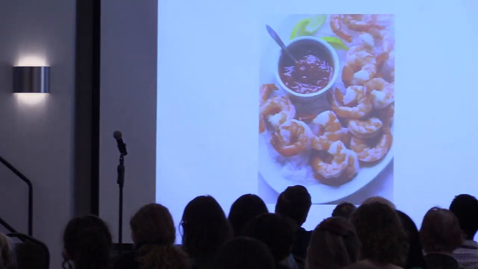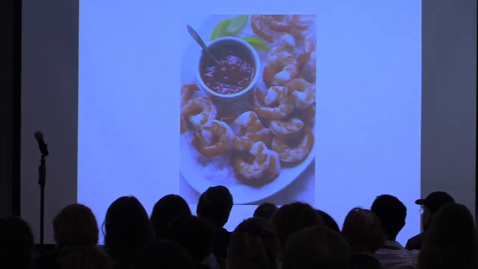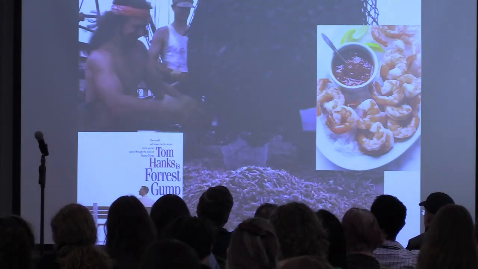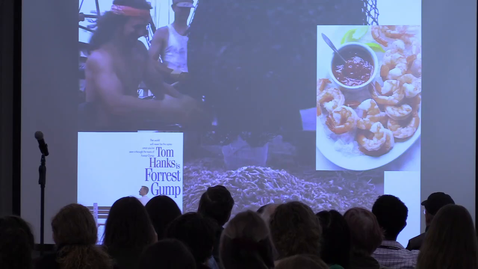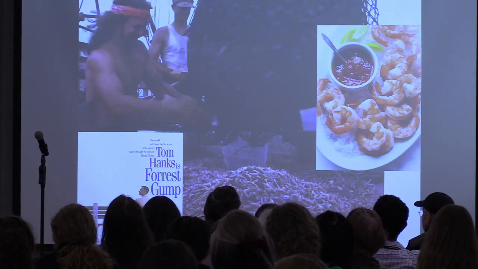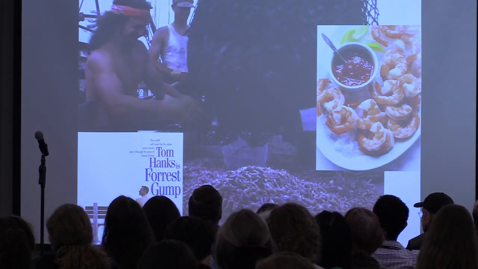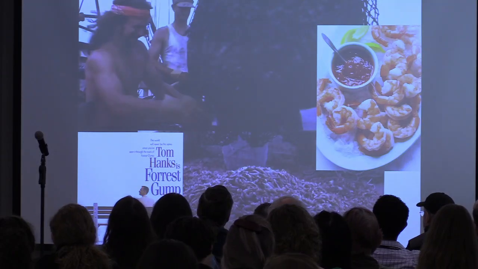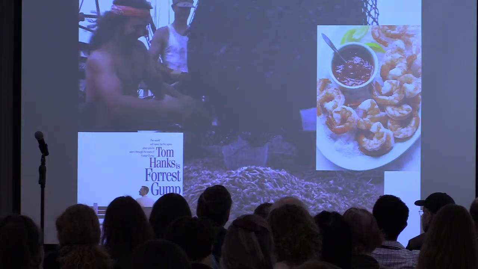But I start with a slide of a shrimp cocktail. You probably wonder what this has to do with the Great Salt Lake and Artemia. Because you all remember the movie Forrest Gump, and you see the shrimp are coming from the Gulf of Mexico. But some of you in the room will remember that Forrest Gump was 30 years ago.